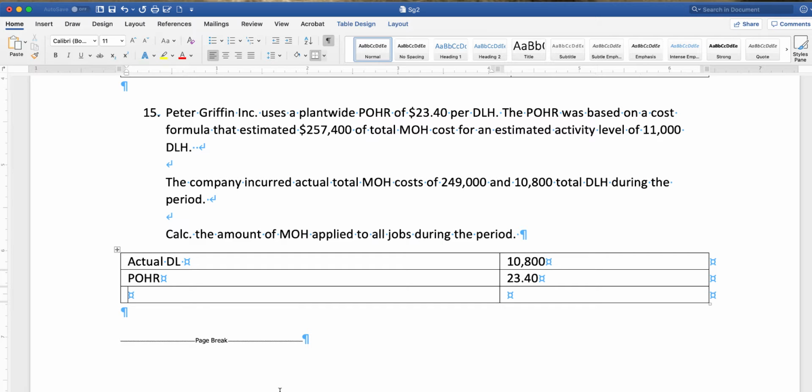So what is the MOH that was applied? Well, that's easy. We take the actual direct labor and we multiply it by the predetermined overhead rate.